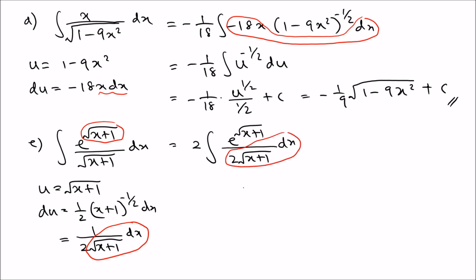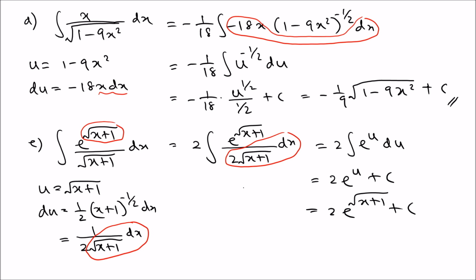So if you rewrite using the new variable, you get 2 e to the u, and everything else is simply du. Good, we know how to integrate e to the u, so it is e to the u plus c. That means 2 e to the square root of x plus 1, plus c. Very simple.